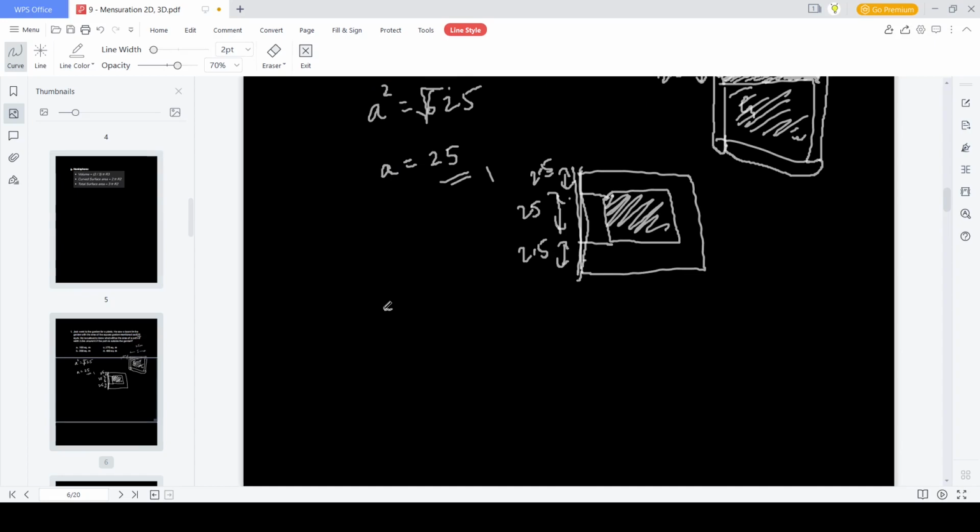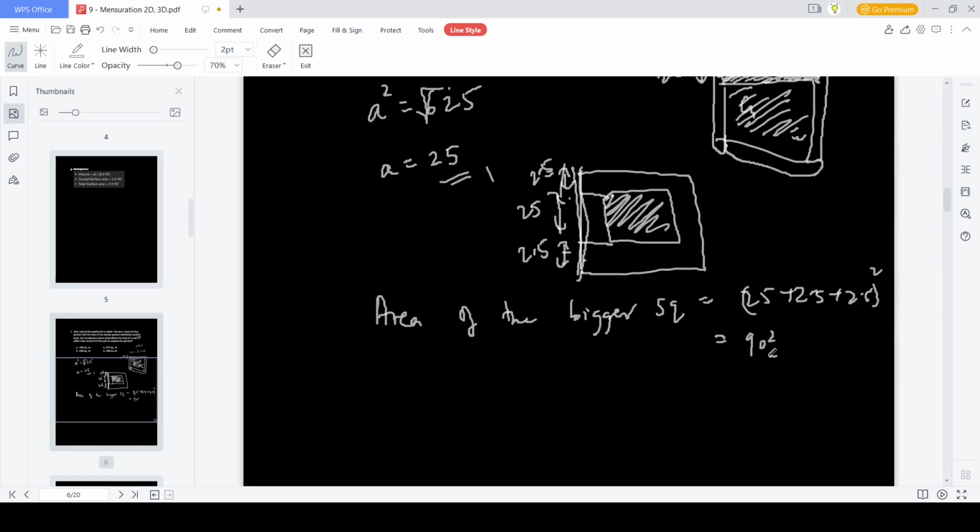So the area of the bigger square, that is including the path and the garden, is nothing but 25 plus 2.5 plus 2.5 whole squared. This comes as 30 squared, which comes as 900.